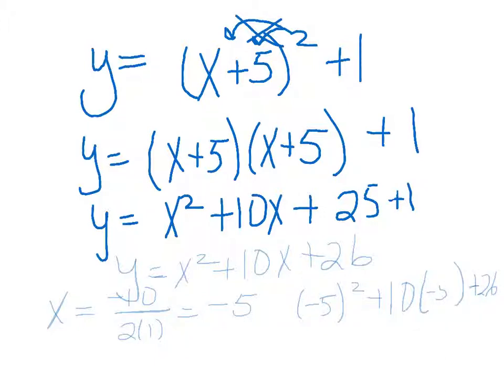Negative 5 times negative 5 is 25. 25 minus 50 is negative 25. Negative 25 plus 26 is 1. So my vertex is negative 5, positive 1.